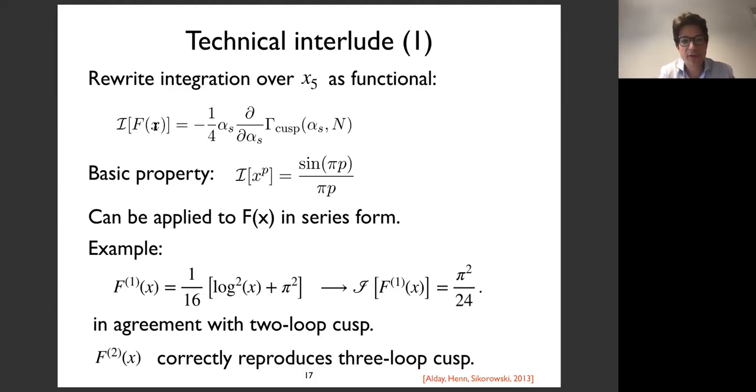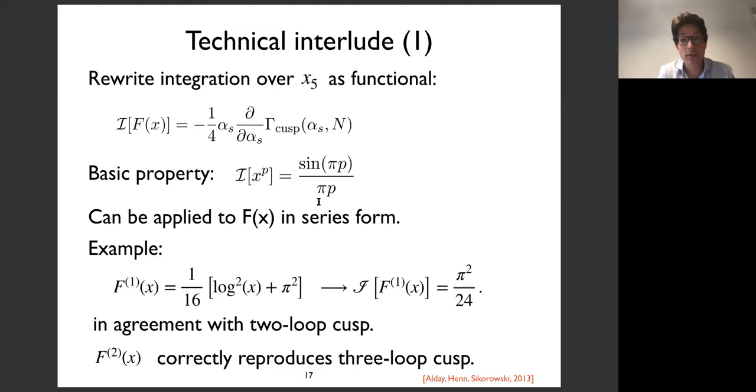So here's this functional. Once we perform that functional that I'm going to define, we essentially get the cusp anomalous dimension. How is the functional defined? Well, basically you can say how it acts on a single power. So this power is replaced by this formula. For example, that means if you put a constant here, so you just put 1 here, that's p to 0, you get 1 back. So that's easy.